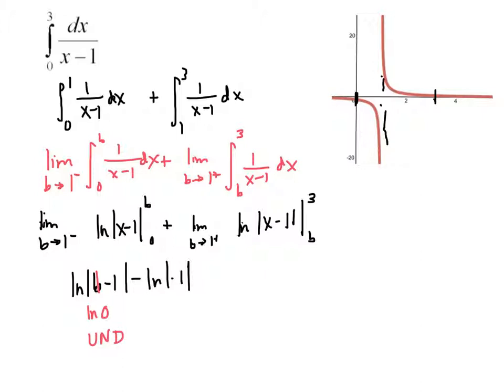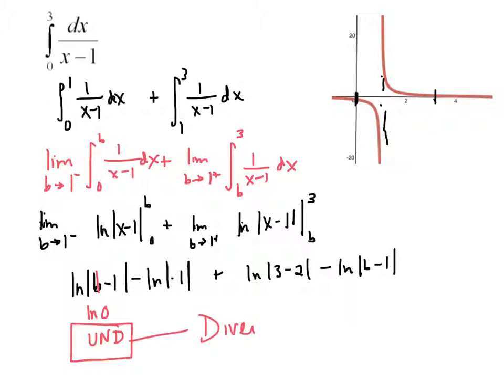The fact that I get an undefined answer there, it really is not going to matter what happens on the other side. I could have the natural log of 3 minus 2, natural log of b minus 1. I'm going to run into the same exact problem once I take the limit. But it really wouldn't matter. As soon as one part of it is undefined or that limit doesn't exist, we say that the entire integral diverges. So we can't get an answer. There's not a limit that this area is approaching.